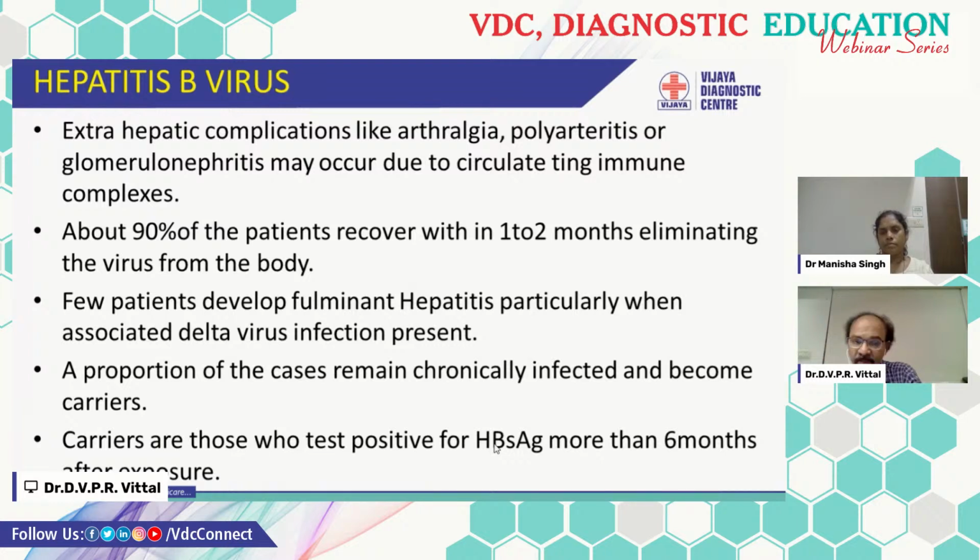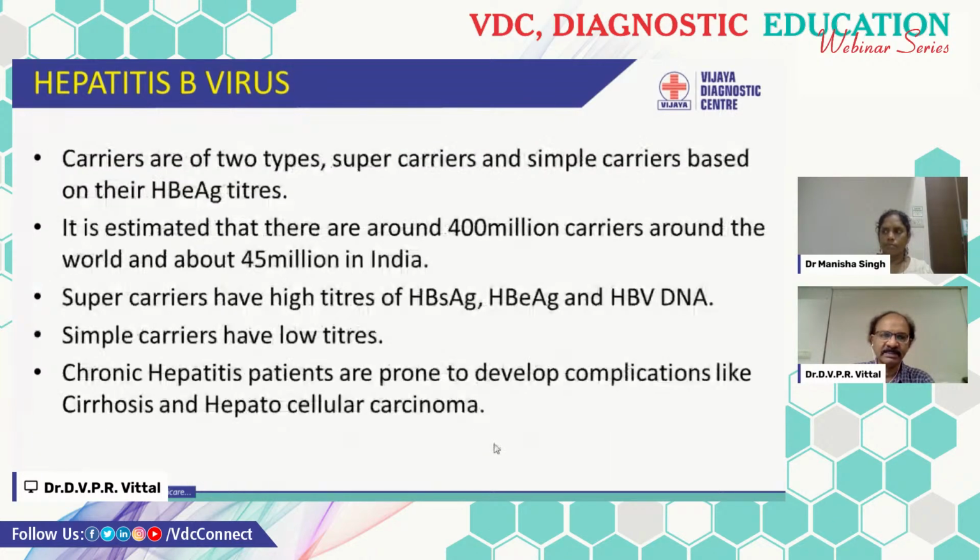A carrier, in this particular case or in any case, is defined as a patient who tests positive for hepatitis B surface antigen for more than 6 months after exposure. Before I explain the antigens released from the virus in this infection, let me explain about the carriers.